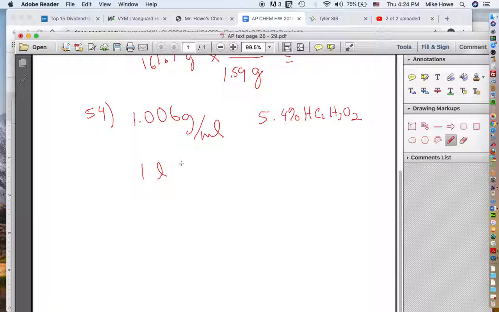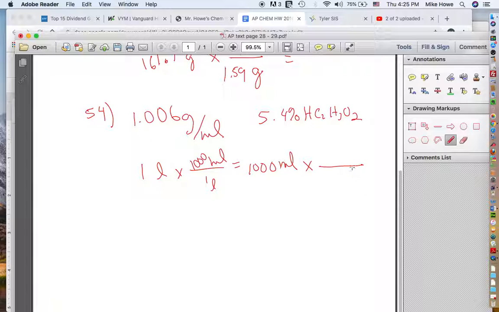All right, if we have 1 liter, is it possible to figure out how many milliliters we have and then multiply by the grams per milliliter? So if I know 1 liter, you just change the milliliters. 1,000 of these is one of those, so I have 1,000 milliliters. Then if I know the volume and I know the density, I can change volume to mass, can't I, using density?